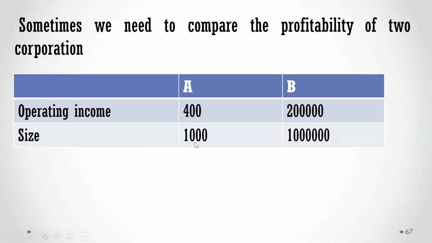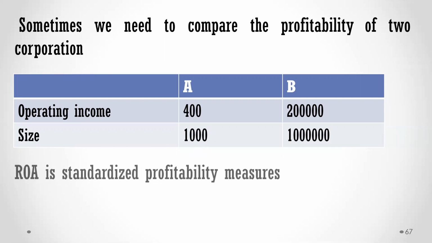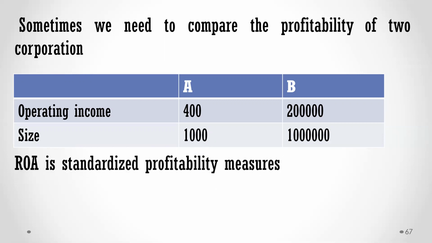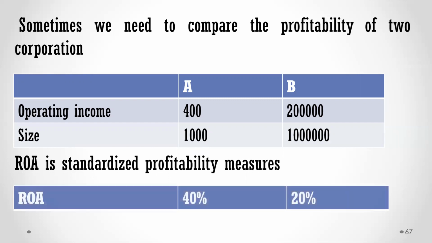So if the company size is 1,000 for A and 1 million for B, then we need to standardize the profit by size. Okay, so RA is the standardized profitability measure. So once we standardize, 400 divided by 1,000, we get 40%. So it's kind of a 40% return. But for B, it's only 20%.